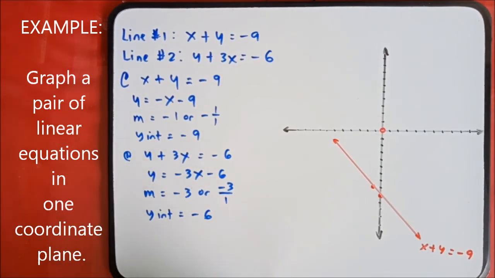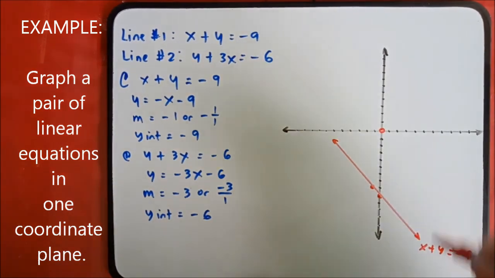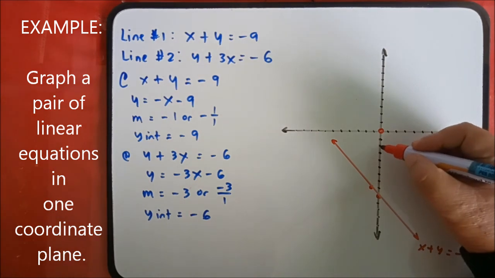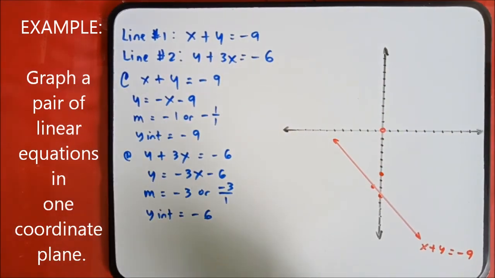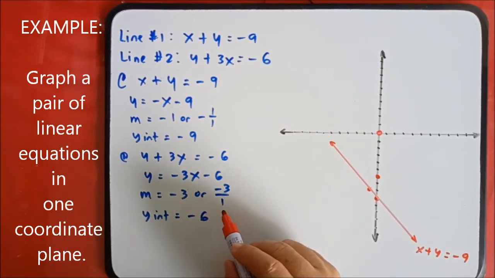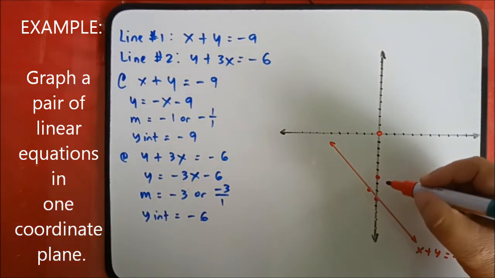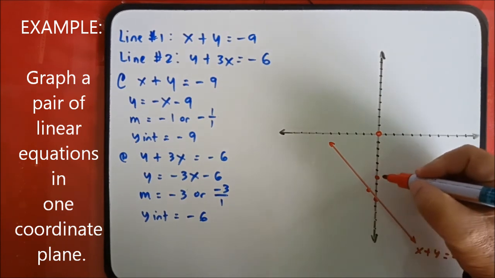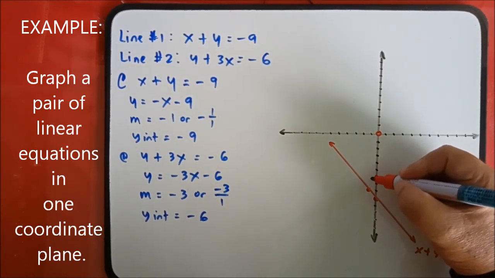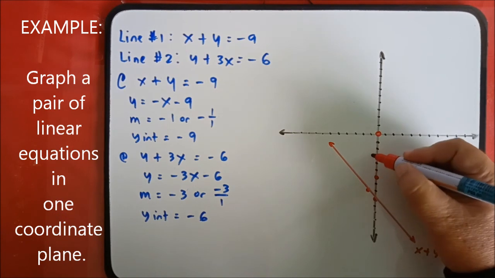Now, we will plot equation number 2. What is our y-intercept? Negative 6. 1, 2, 3, 4, 5, 6. Okay, so this will be our y-intercept. The run is 1 and the rise is negative 3 or otherwise. So, since this is negative, paatras, isa, then pataas, tatlo. Isa, 1, 2, 3. So, nandito.